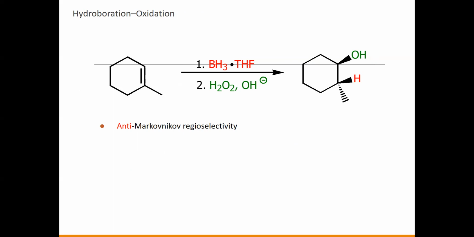So instead of the rich gets richer and the poor gets poorer for our carbon atoms, what happens is that it is the other way around. You just have to take note of that. And then you have a syn stereoselectivity, so this OH and hydrogen will add on the same side, if you look at the mechanism.